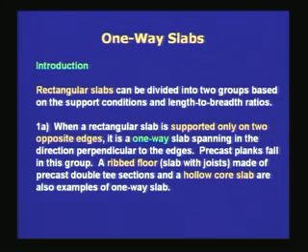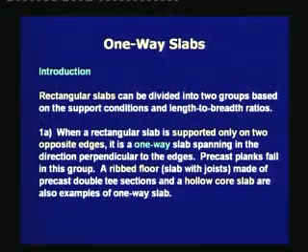Precast planks fall in this group. A ribbed floor, which means slabs with joists consisting of double T sections, and a hollow core slab are also examples of one-way slab spanning in the direction.